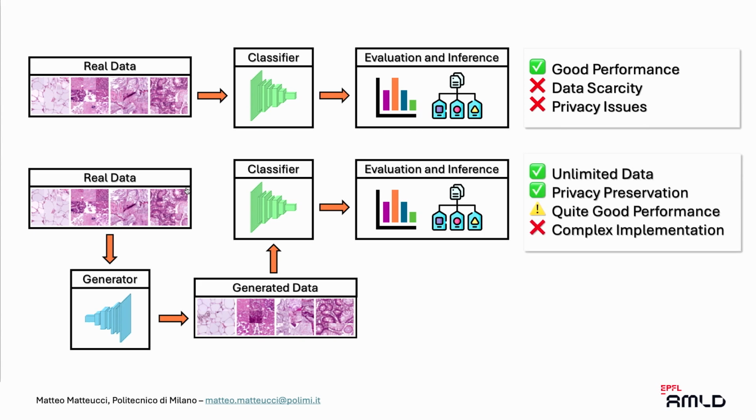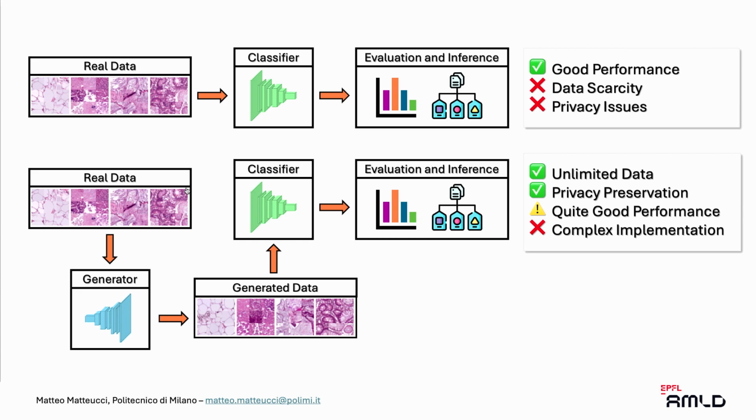This is good for a series of reasons. It's good because in theory you could get an unlimited amount of data. It's good because if your data have some privacy issues, think about an example of people.